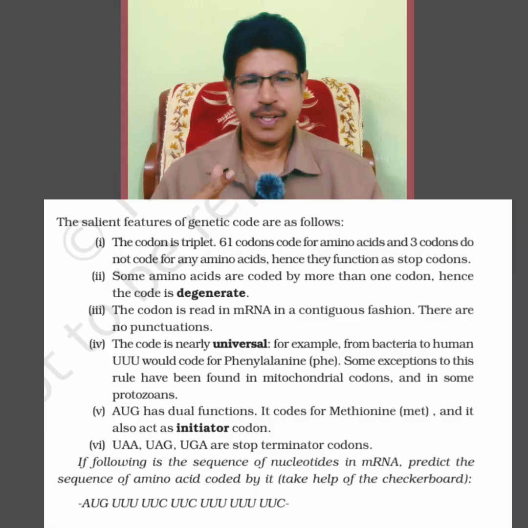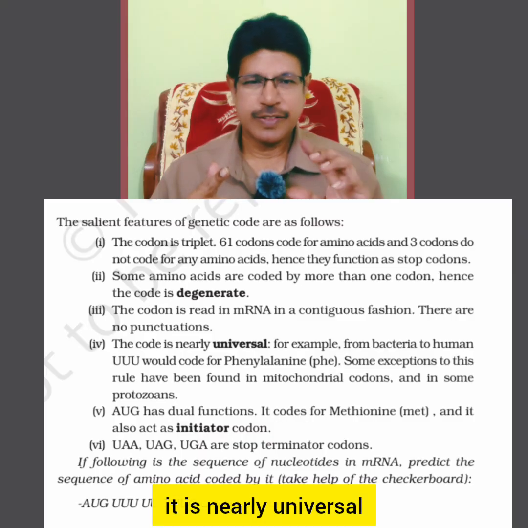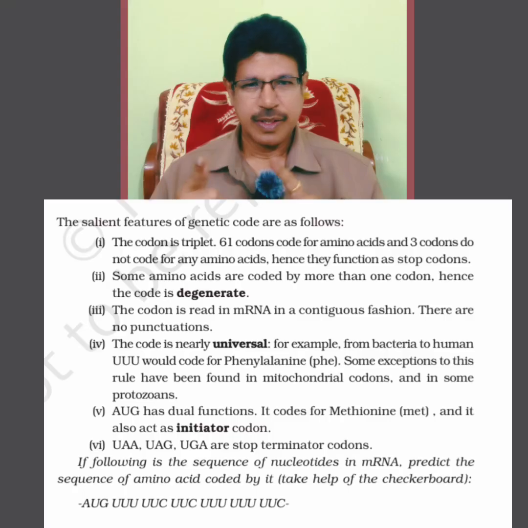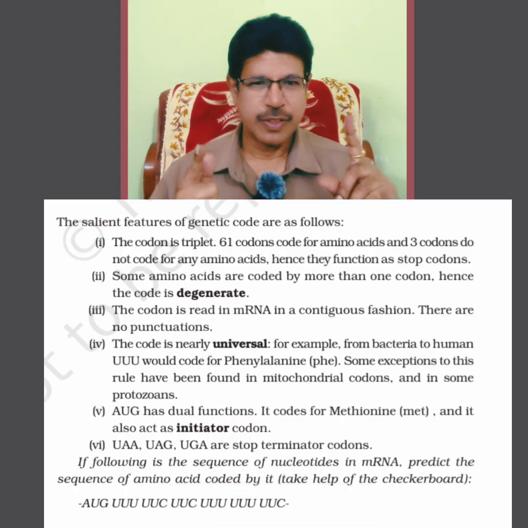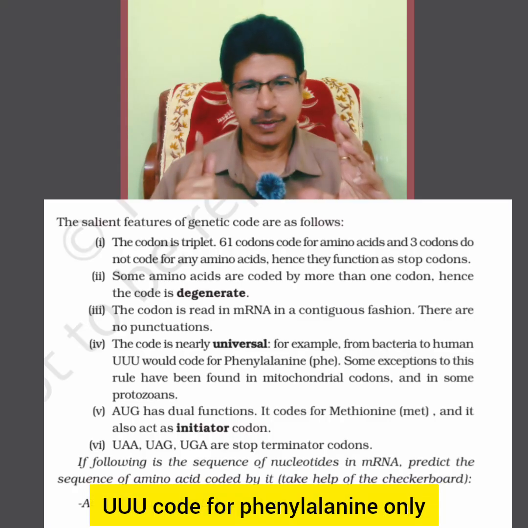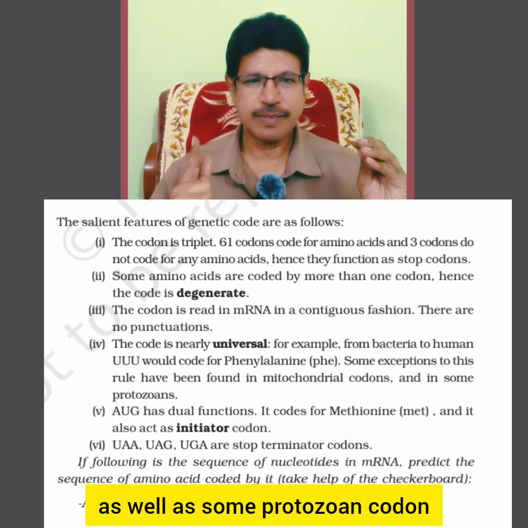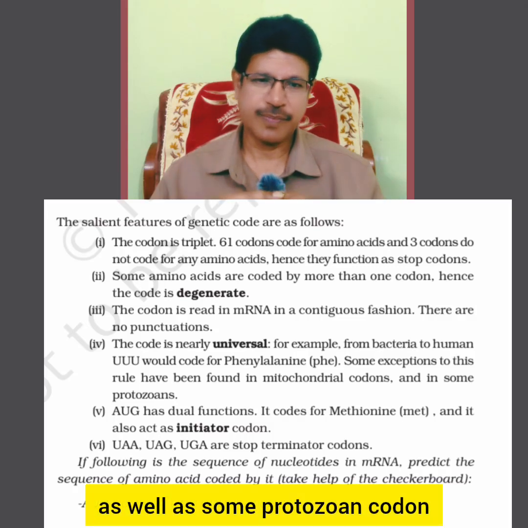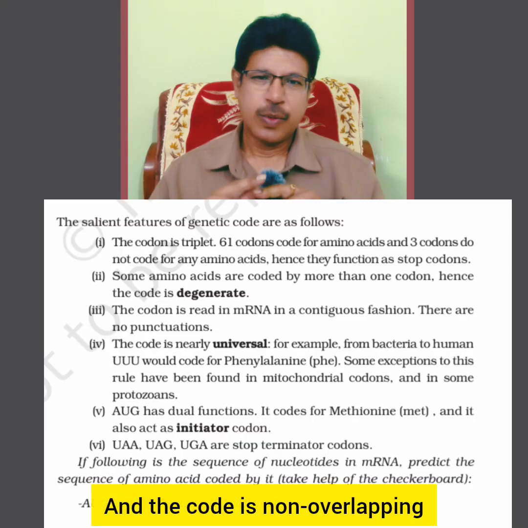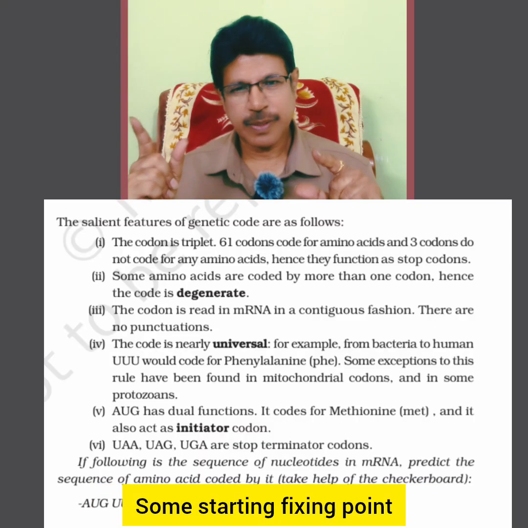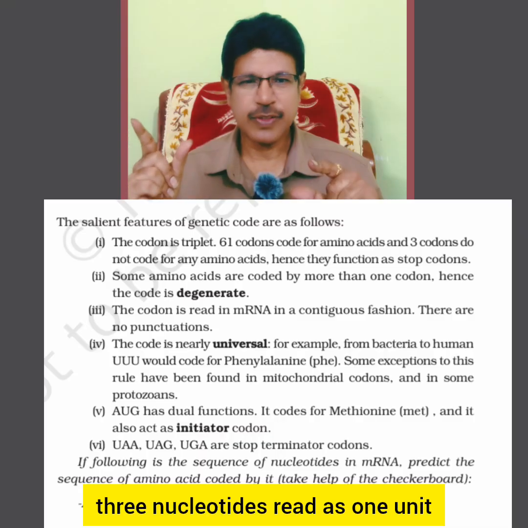Next, the code is nearly universal. From bacteria to human, UUU codes for phenylalanine only. Exceptions: mitochondrial codons as well as some protozoan codons. And the code is non-overlapping. From some starting fixed point, 3 nucleotides are read as 1 unit.